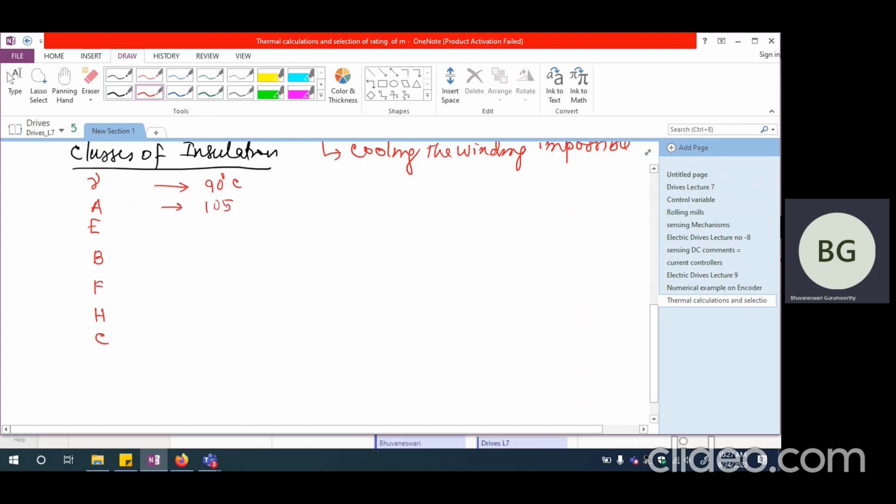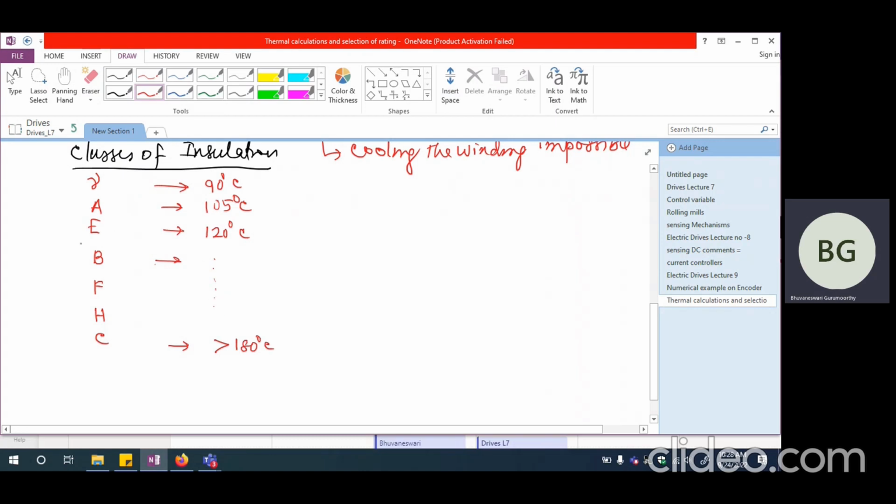Whereas class A of insulation will be able to withstand 105 degrees centigrade. And class E will be able to withstand about 120 degrees. So like this, as you go along, class C will be able to withstand slightly greater than 180 degrees centigrade. So all these things are differing from each other by about 10 or 15 degrees, nothing more than that.